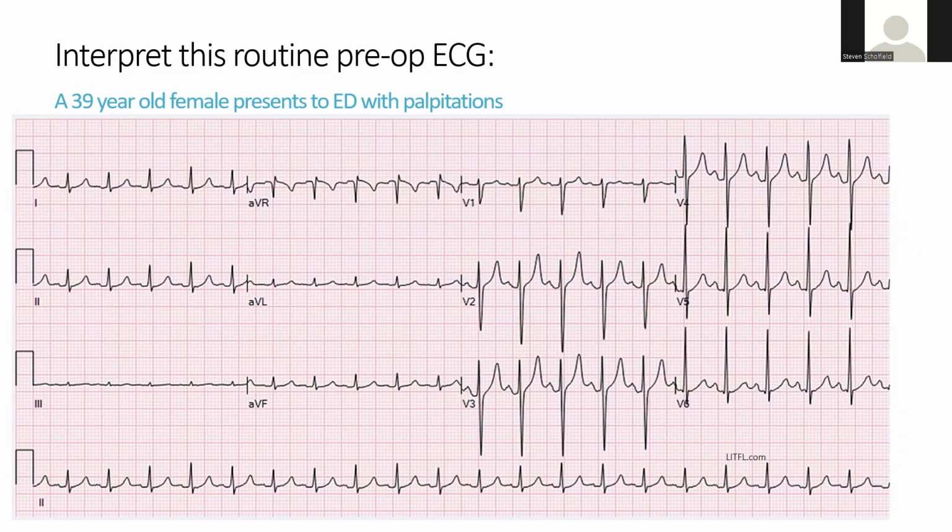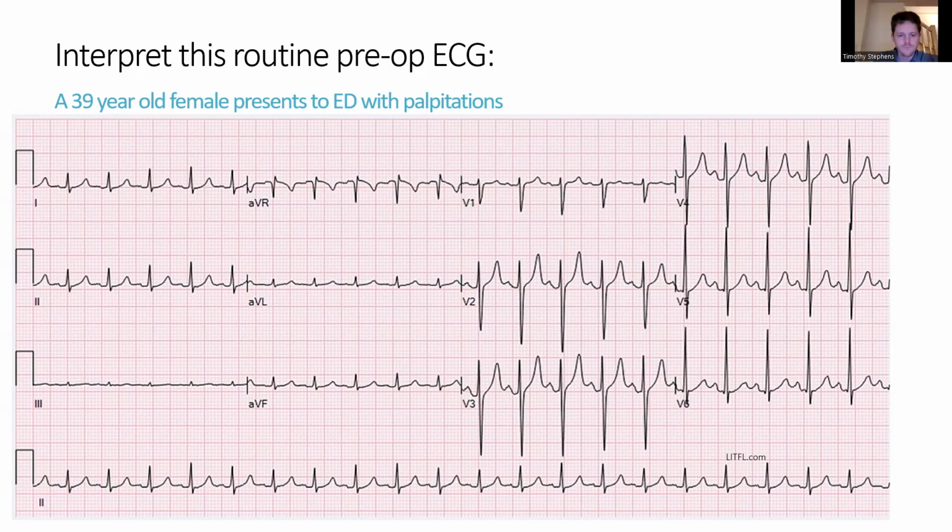The rate's just over 100, so they look tachycardic. The rhythm, so where's it coming from? Looks like there are P waves preceding every QRS. Looks fairly regular, so it's sinus. The axis, so 1 and 2 in AVF are all upright, so it's a normal axis.